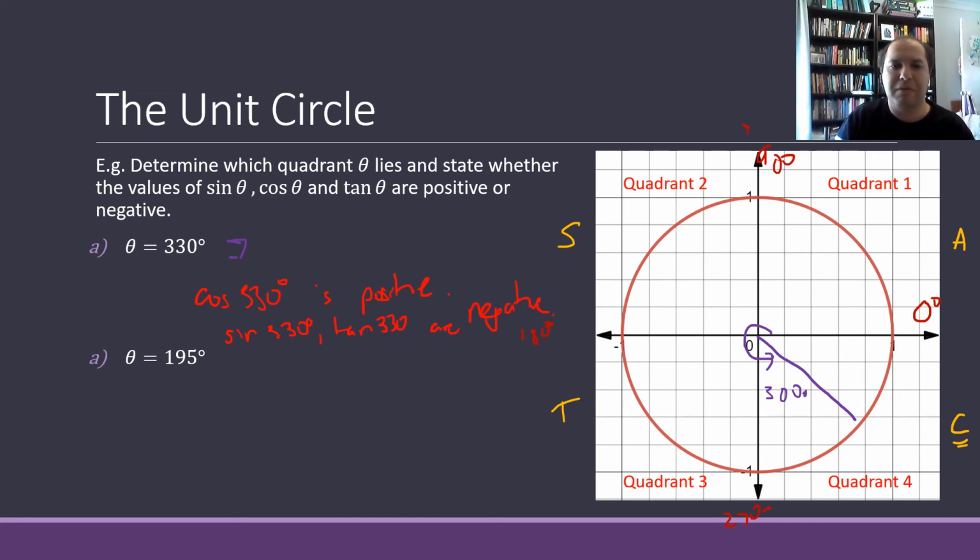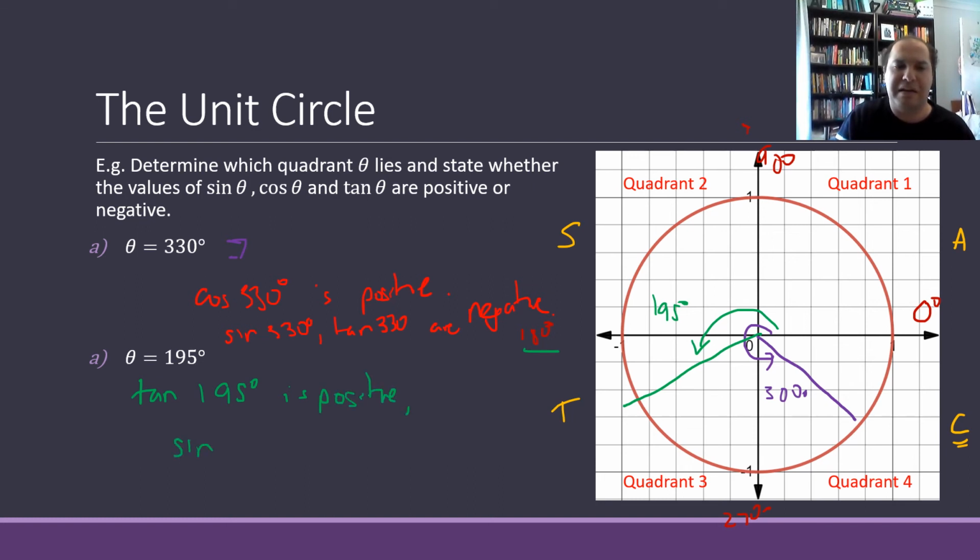For our second one, 195, so 180 is over here, so 195 might be around here. So looking at that one, that's in the tan quadrant, so only tan 195 is positive.